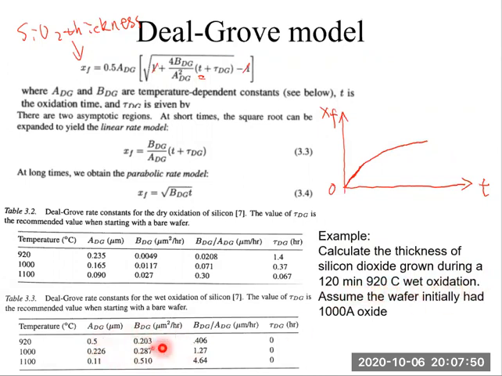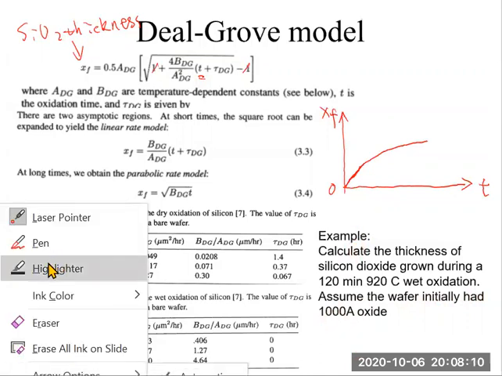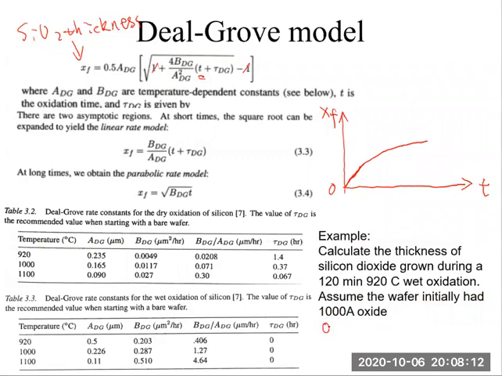So we're going to use the bottom table, 920 degrees C. Assume the wafer initially had 1,000 angstrom oxide, so 100 nanometer or 0.1 micrometer initial thickness.